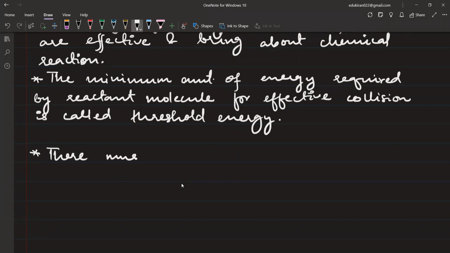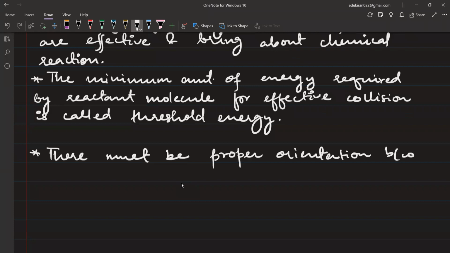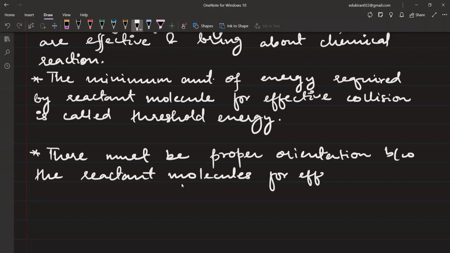There must be proper orientation between the reactant molecules for effective collisions.